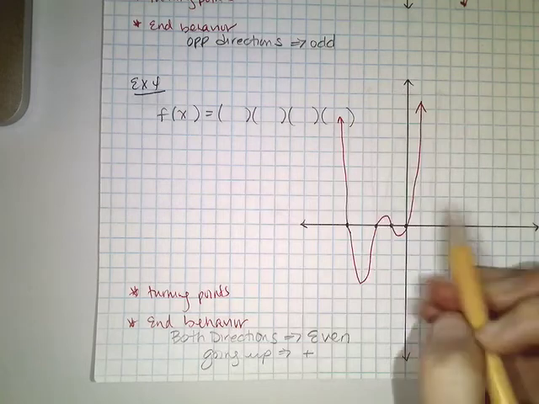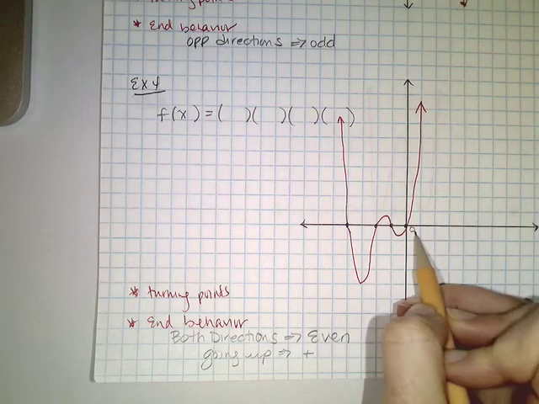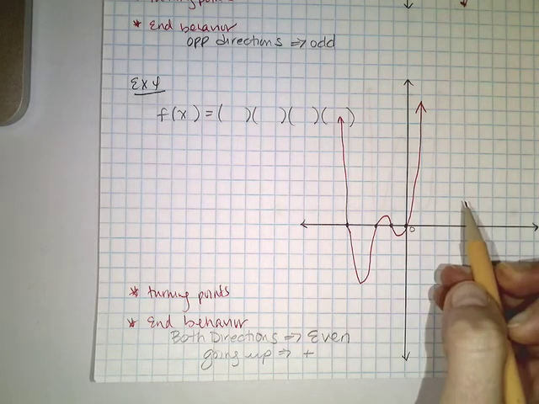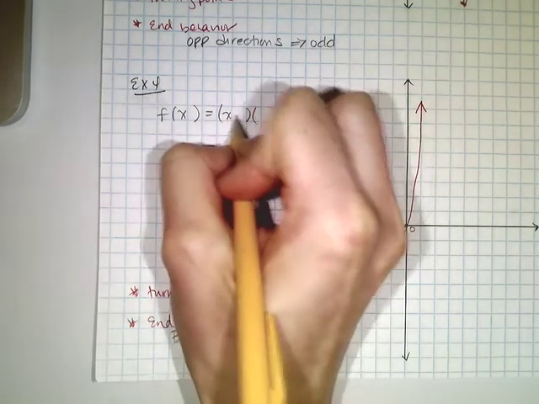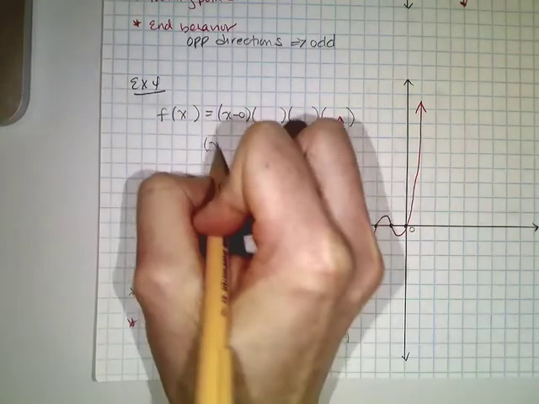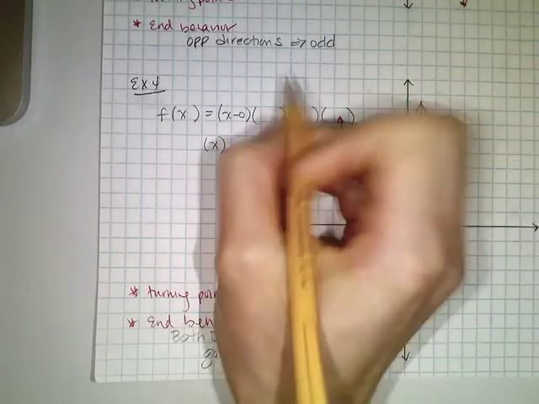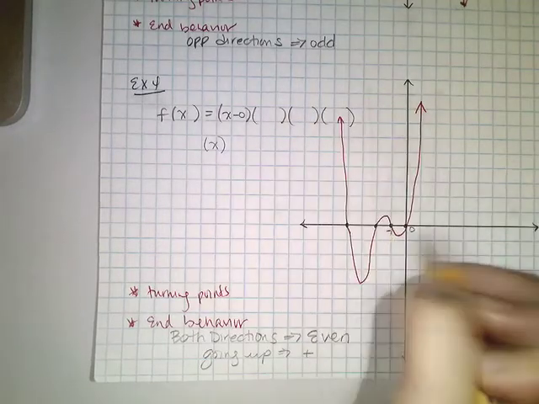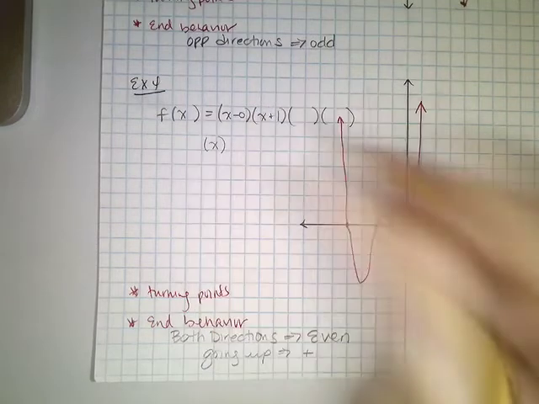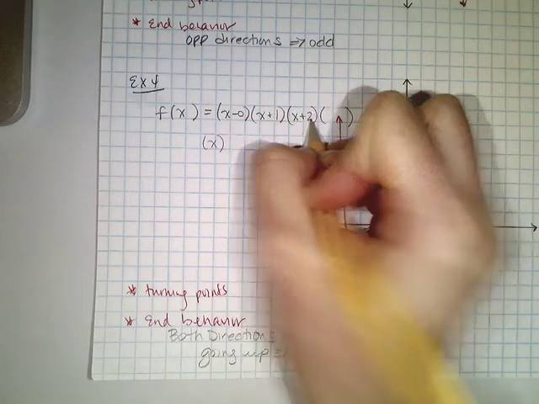Okay? So here I have 0, so that means x plus or minus 0. You could just write x, or x minus 0. It doesn't really matter, you could just write x. It's totally fine. Negative 1 means x plus 1. Negative 2 means x plus 2.